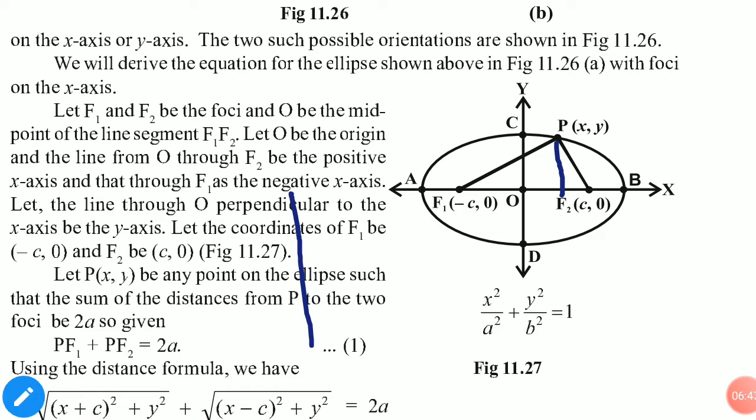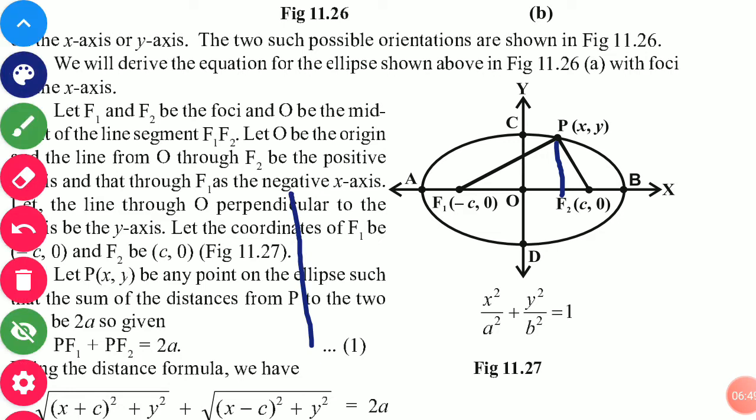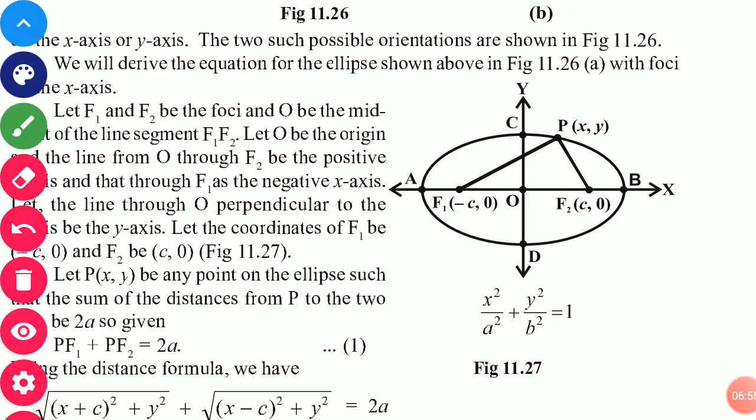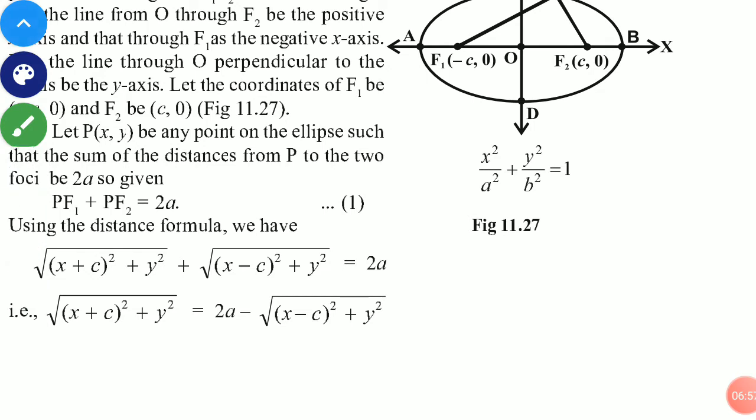You can use x minus c or c minus x. So this is the Pythagoras theorem for the second distance PF2. You can write it as the square root of (x minus c) square plus y square. You know that the sum of both distances is always equal to 2a.